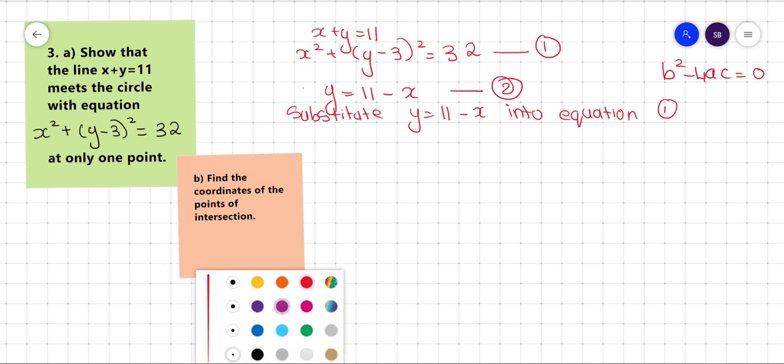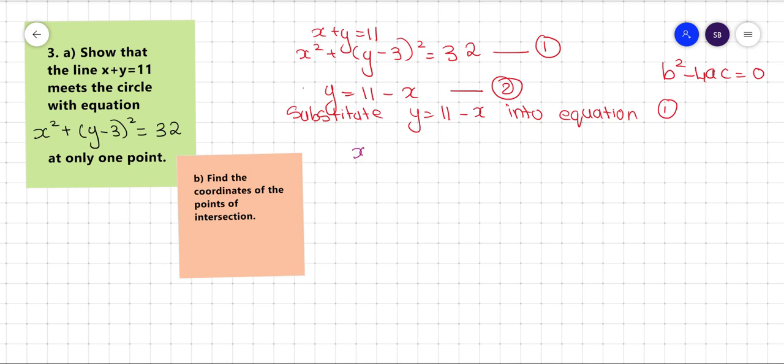So you get x squared plus (11 minus x) whole thing squared is equal to 32. x squared plus (11 minus x) into (11 minus x) is equal to 32.